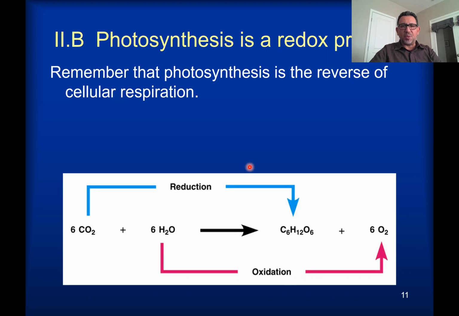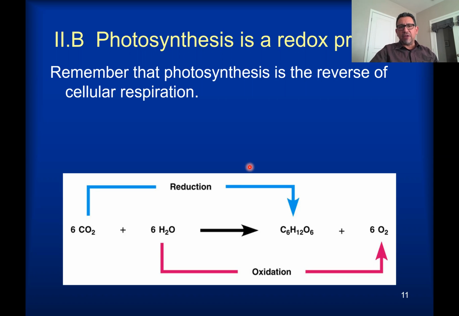In this presentation, we're going to explore the details of the light reactions in photosynthesis. Before we get into those details, I want to remind you that in many regards, photosynthesis is going to be the opposite of what you studied in cellular respiration.